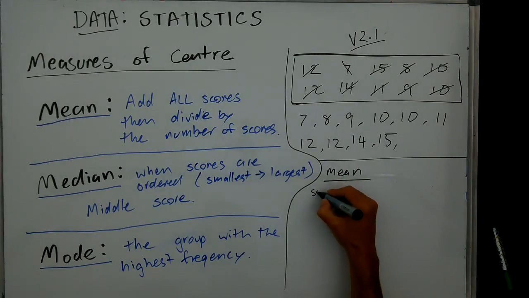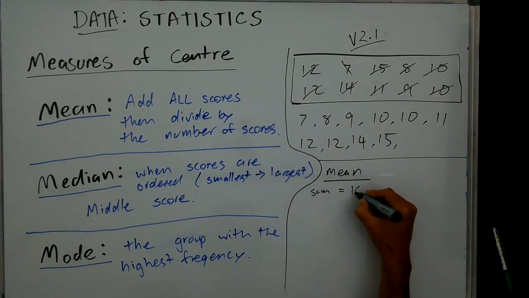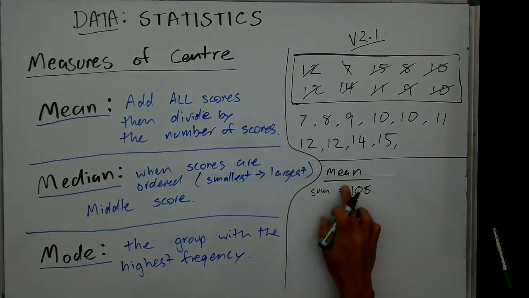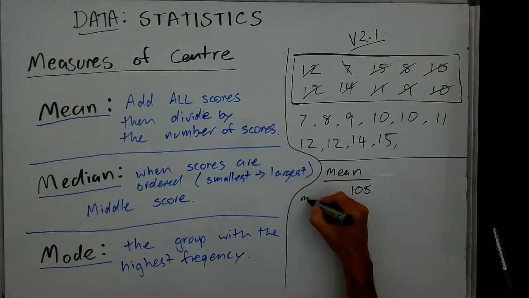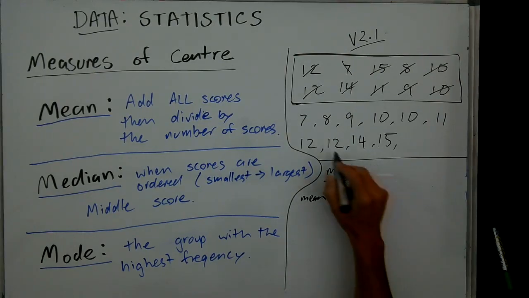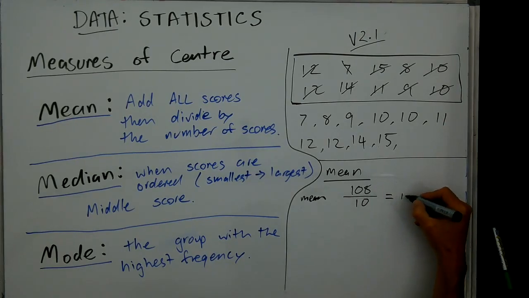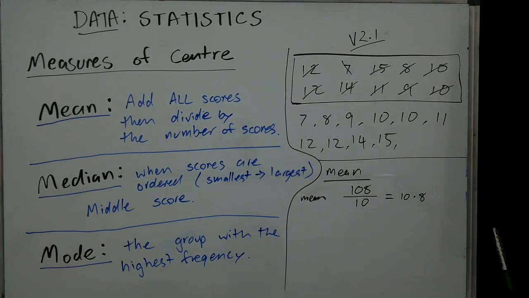So the sum is 108. So the mean is 108 divided by the 10 things, which equals 10.8. Even though we had whole numbers as our actual scores, the mean has come out as a decimal. Sometimes that happens.